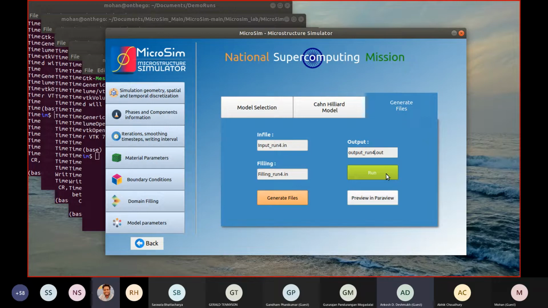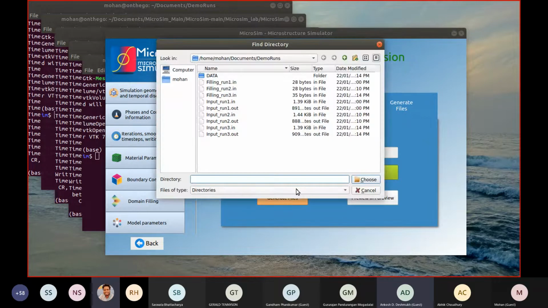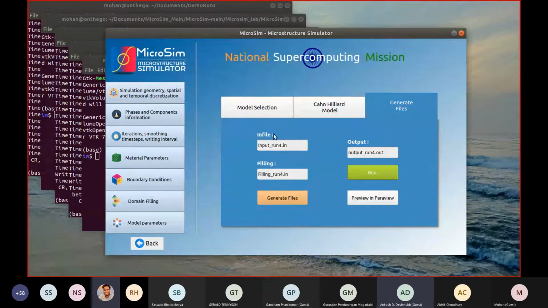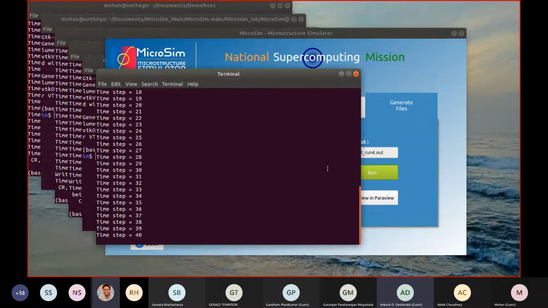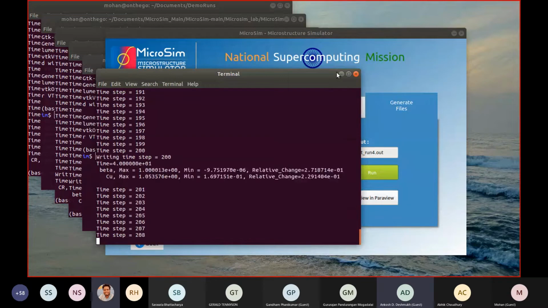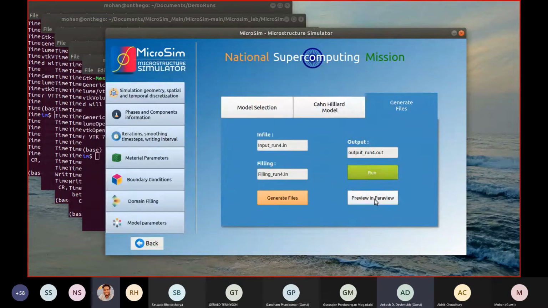Once you generate the appropriate in-file for the solver and the appropriate initial conditions, if you want to do any parametric study, you can use batch scripts, which can be developed through a batch scripting language and ported onto HPC clusters easily. And then preview.